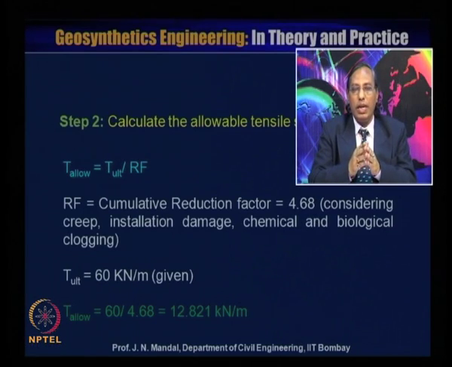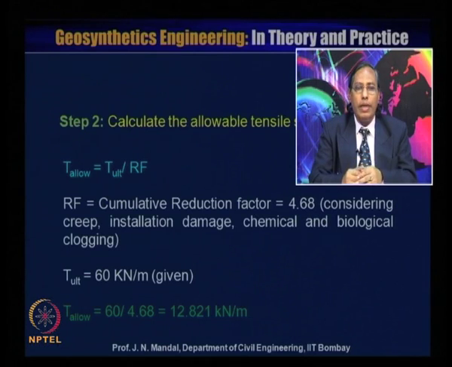These reduction factors you can obtain from the reinforced soil retaining wall, and together you call them the cumulative reduction factor. So, we are considering the cumulative reduction factor RF is equal to 4.68.